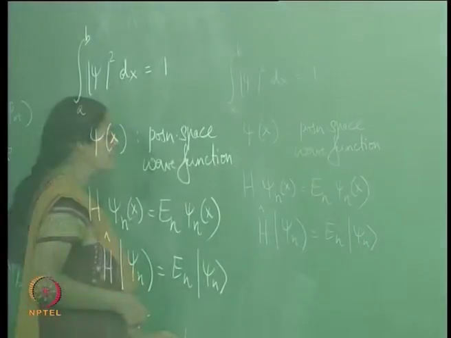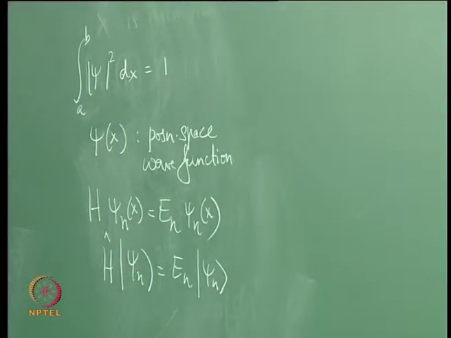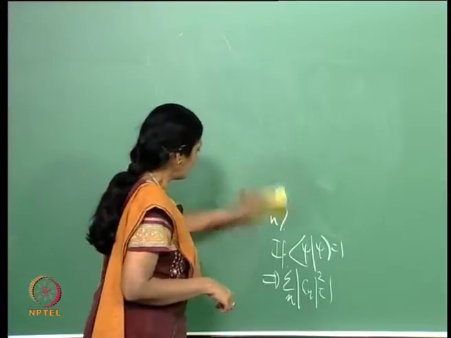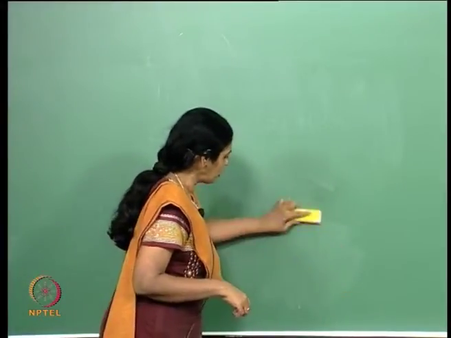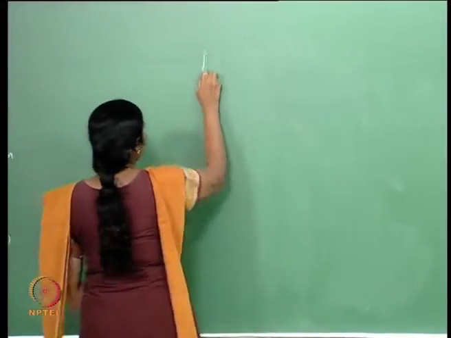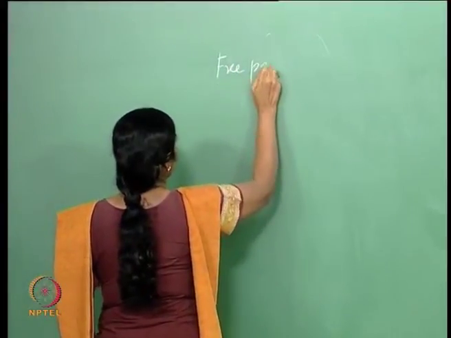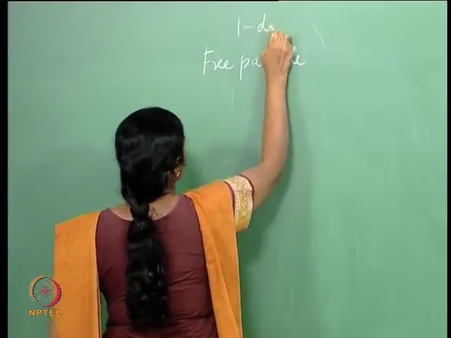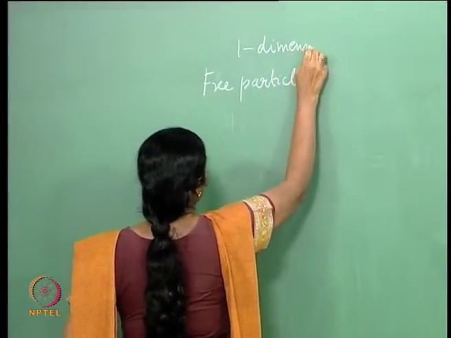So let us look at the simplest example. Let us look at a free particle. There is no potential, and therefore the Hamiltonian gets its contribution purely from the kinetic energy. So I consider a free particle in one dimension. We can always generalize it.